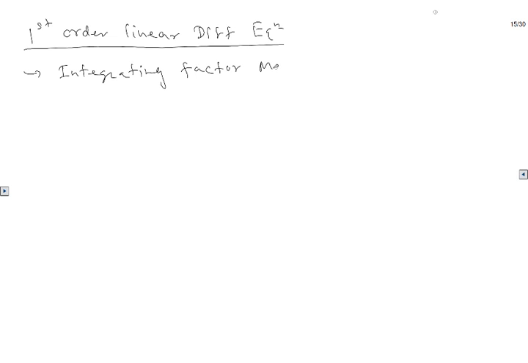This is a method we use to solve first order linear differential equations. We can talk about those words later.